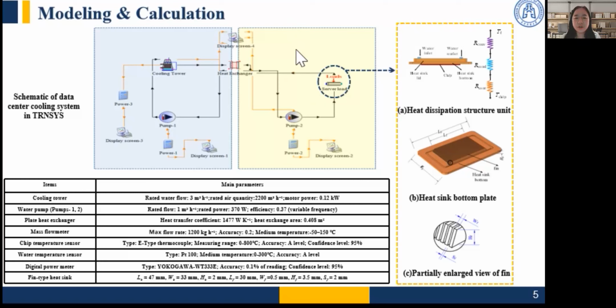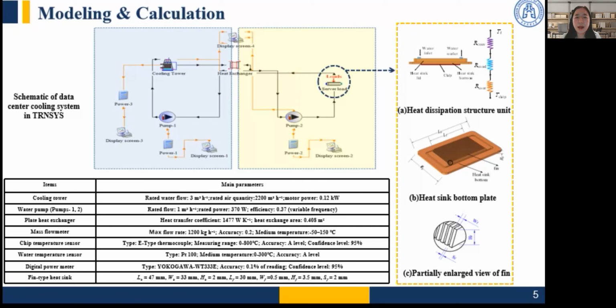In addition to mass flow meters with mass flow regulation function, some temperature sensors, including thermocouples and PT100 sensors, are used on the test bed. In the experiment, the thermocouple is mainly used to measure the chip temperature, and is placed between the bottom of the radiator and the upper surface of the chip.